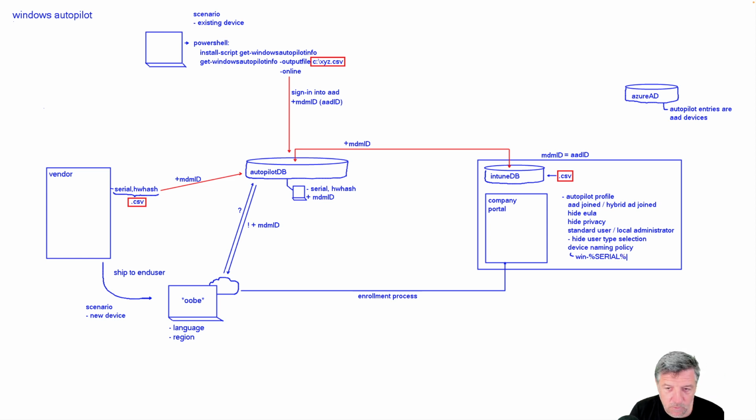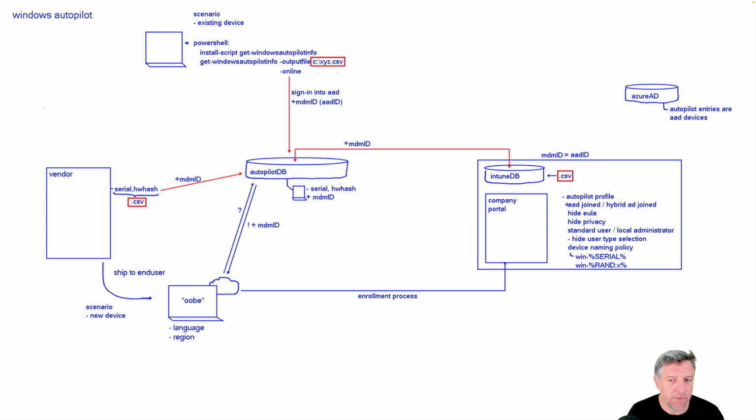And then the computer name will become win dash and then the serial number. Or you could do something like win dash or MDM or any kind of prefix basically. And then say, hey, I want to put a random amount of numbers. I want to do some random numbering, and I want, for example, to have X amount of numbers there, like 5 or 2 or 3 or whatever you think should be all right. So we do have some options to create or manage the computer name in the end.